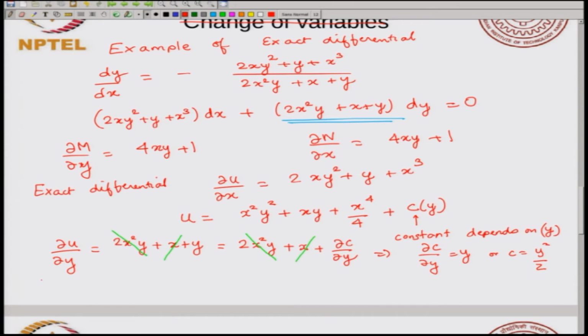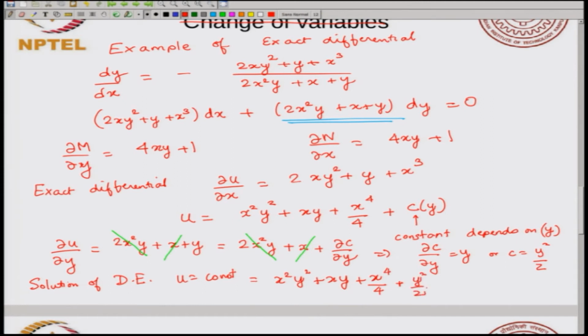So, my solution of the differential equation is u equal to constant, equal to x²y² plus xy plus x⁴/4 plus y²/2.